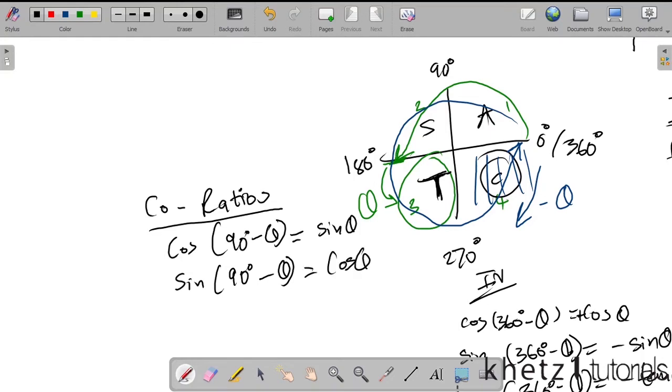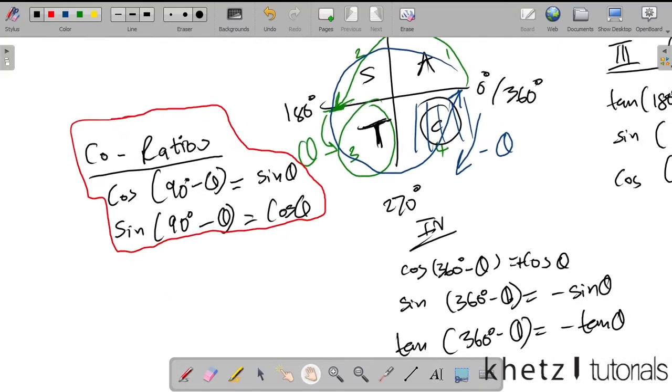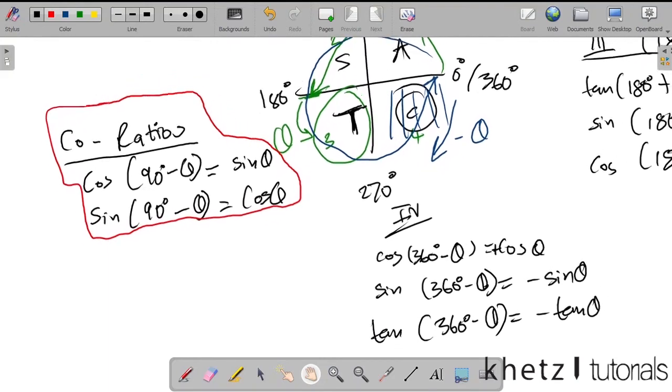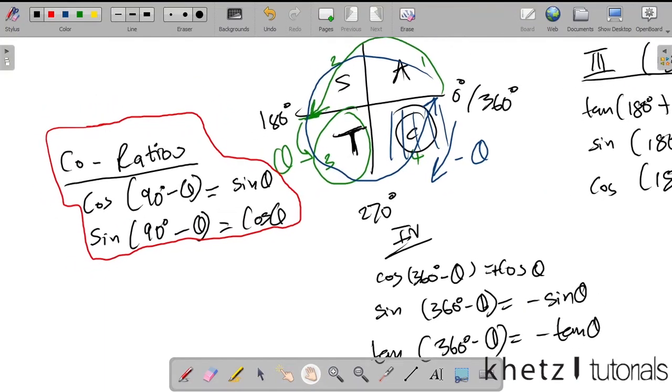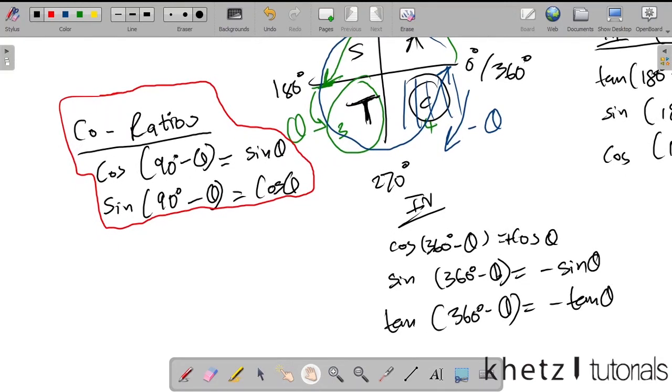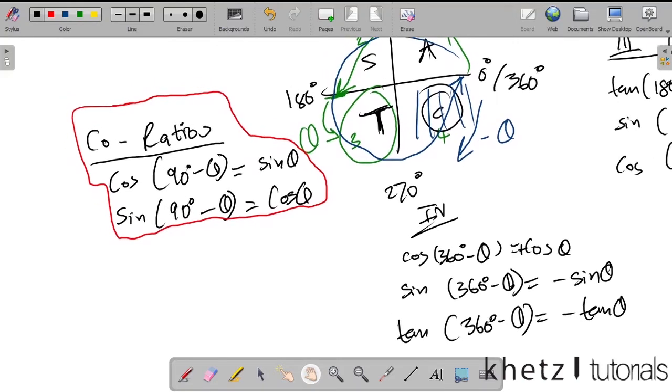So you must know this. These are called co-ratios. I didn't discuss them because they are not particularly related to any of the quadrants. You just have to know how to convert from cosine to sine and from sine to cosine. So that is what your co-ratios help you with.